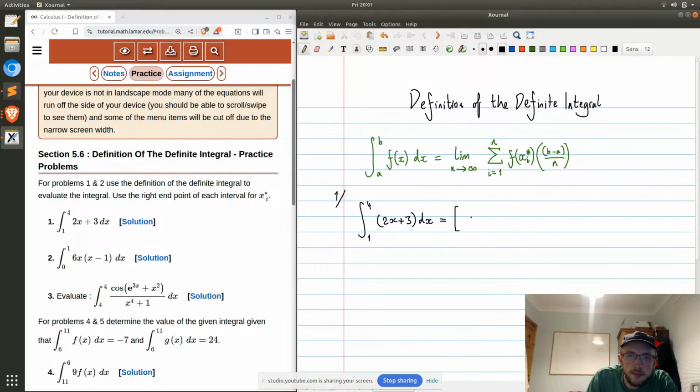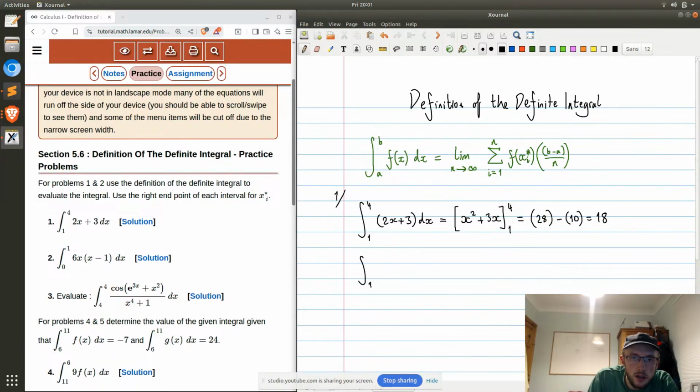Integrate. Four squared is 16, plus 12, so 28. And then 1 plus 9, so 10. We get 18, right? So we're expecting 18.